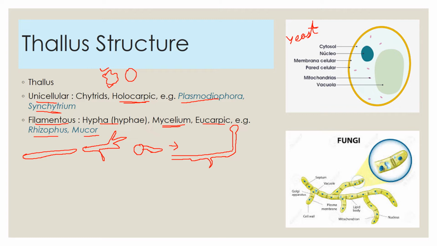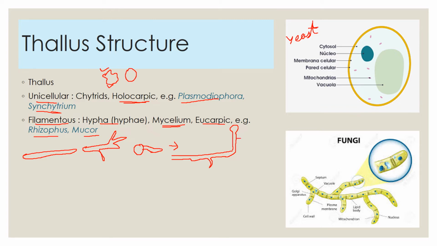And after a certain period of maturity, when it has accumulated a huge amount of food, it sends out the aerial hypha. The aerial hypha is basically either sporangiospores or conidiospores. These are basically the reproductive structures.